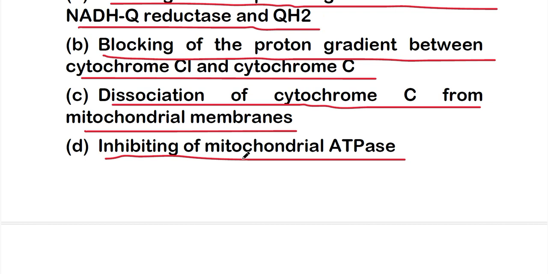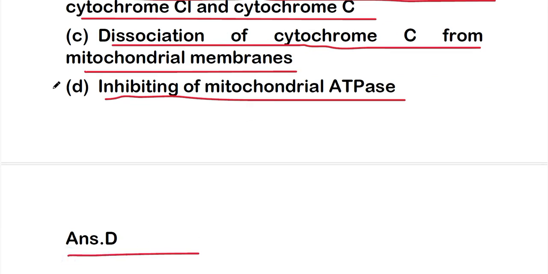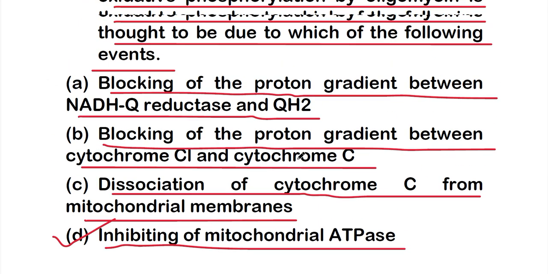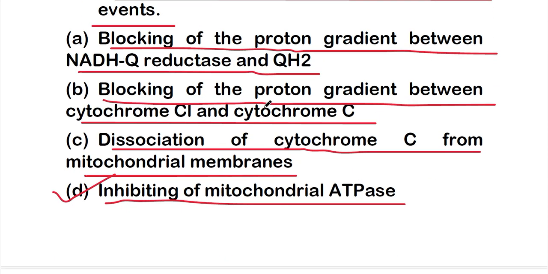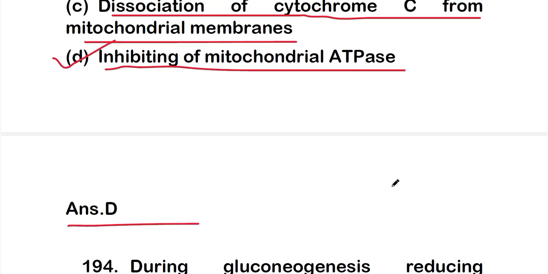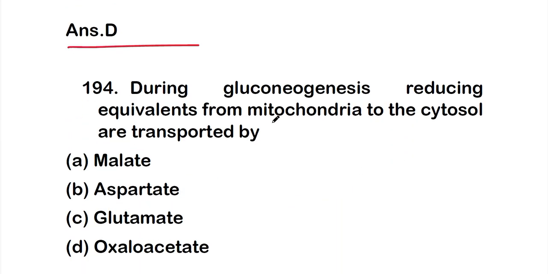So the right one is option D, that is inhibiting mitochondrial ATPase. So inhibition of the synthesis of ATP during oxidative phosphorylation by oligomycin is thought to be due to inhibiting of mitochondrial ATPase. Okay. So let's move on to question number 194.